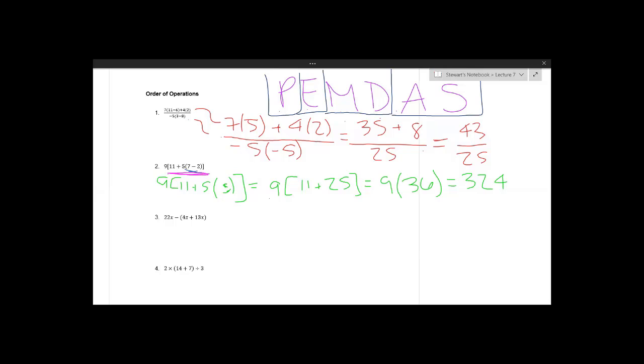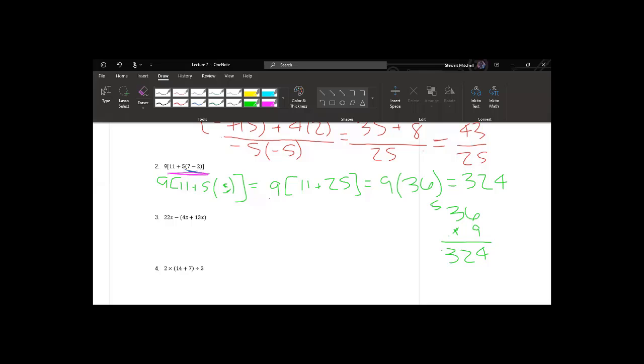You can use a calculator to get there, or you can use standard form of multiplication like I did previously on my scratch paper. 36 times 9. We have 9 times 6 is 54, so we carry this 5 up to add. And then we have 9 times 3 is 27, plus 5 is 32. So we have 324, which is what we got. So that works out for us.